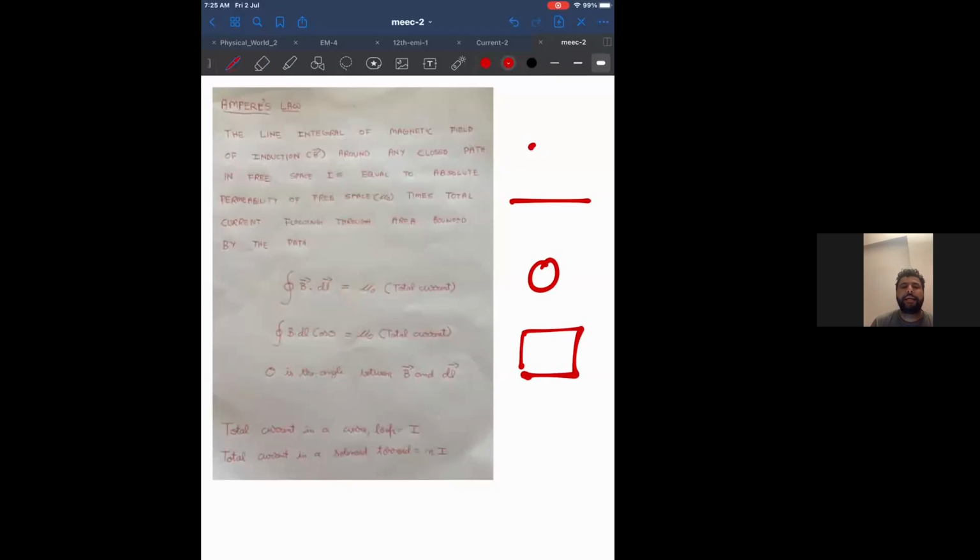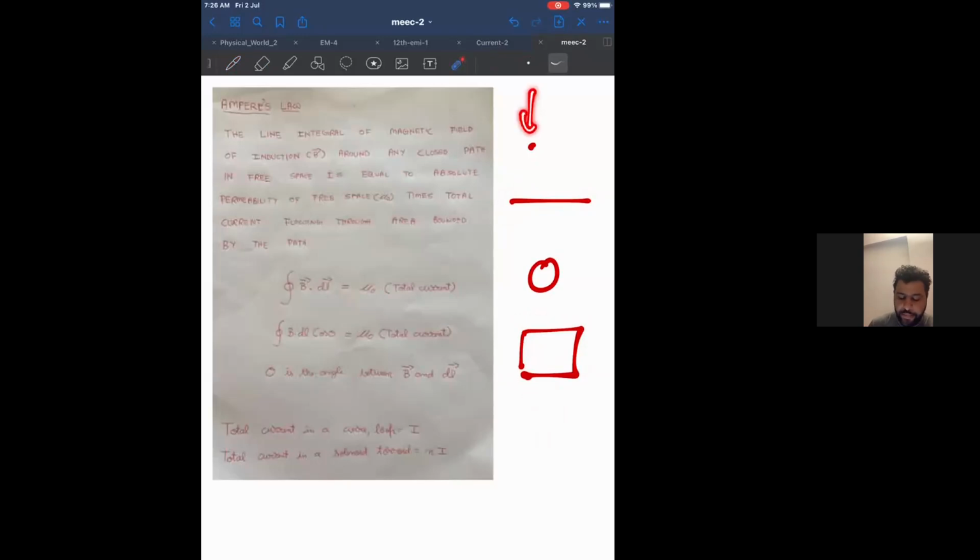Sorry, a rectangle and a circle are an example of a closed surface. Why do I say that? Because if I start from one point in a line, I cannot come back to the same point without turning my direction. But if I start from a point in a rectangle, I can come back to the same point. If I can come back to the same point where I started, then that surface is called a closed surface.